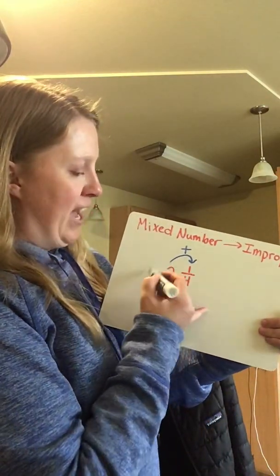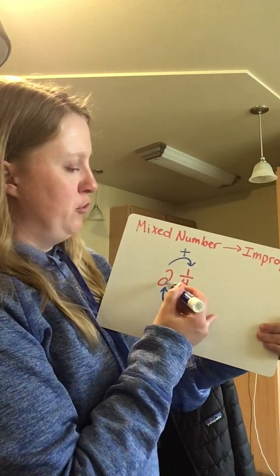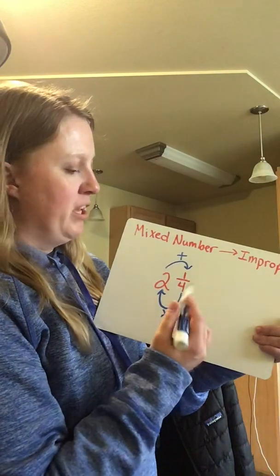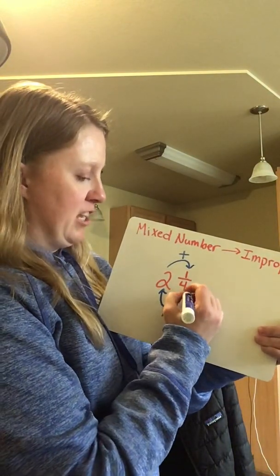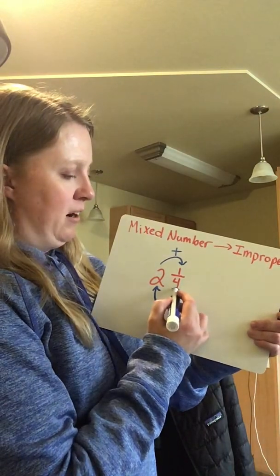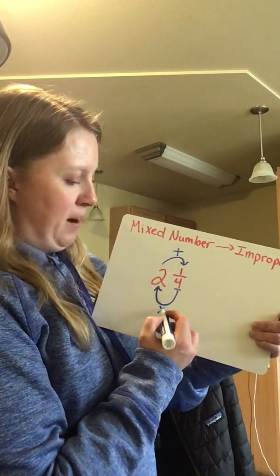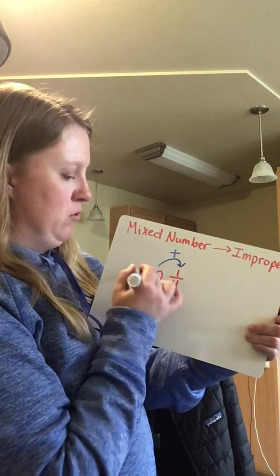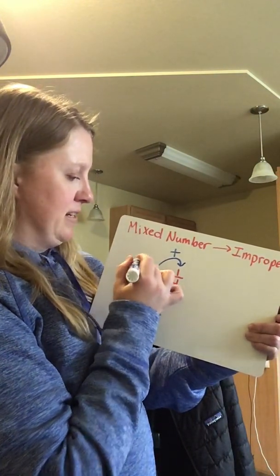So what I have in red is my mixed number. So I have 2 1/4, right? So there's my whole, and there's my fraction. So what we're going to do is start at the denominator. You're going to take the denominator, 4, and multiply it by the whole number. So 4 times 2 equals 8.